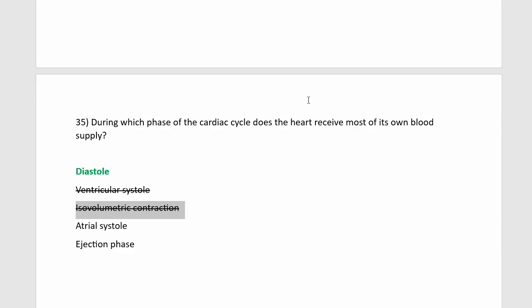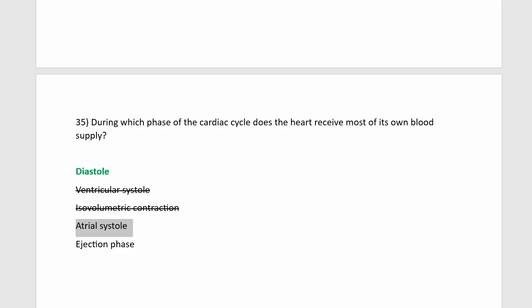Atrial systole is the phase of the cardiac cycle which involves both atria contracting simultaneously, as we just saw in the previous question, and this is to force any remaining blood into the ventricles after the usual diastole period. This atrial contraction impedes blood flow through the coronary arteries, and you're seeing a trend here.